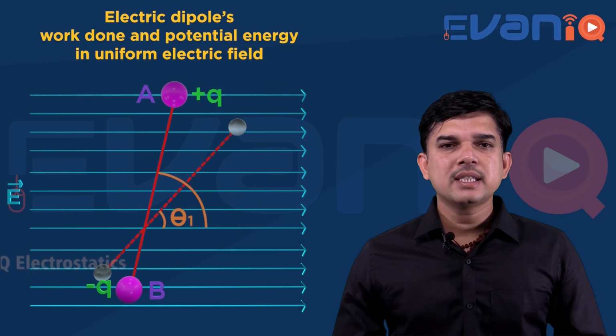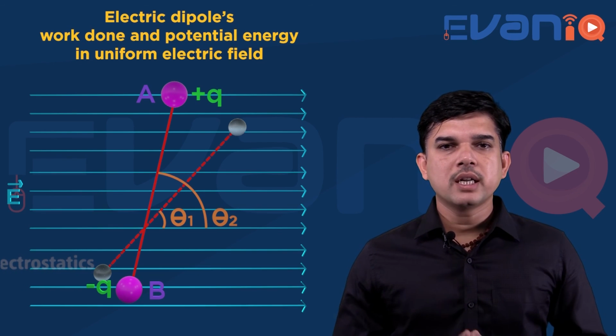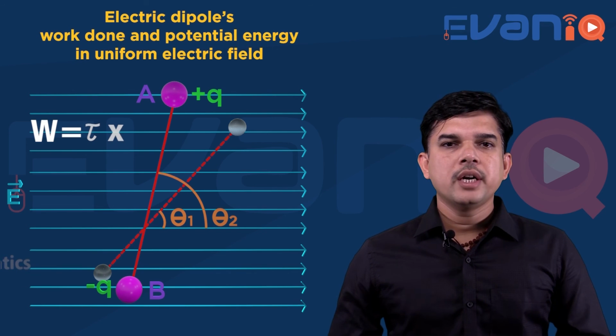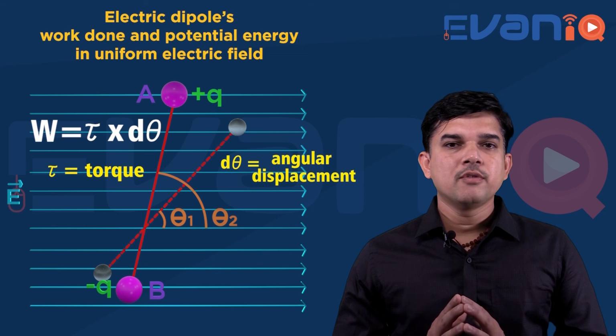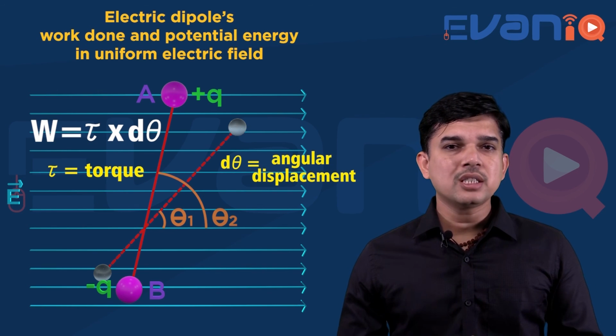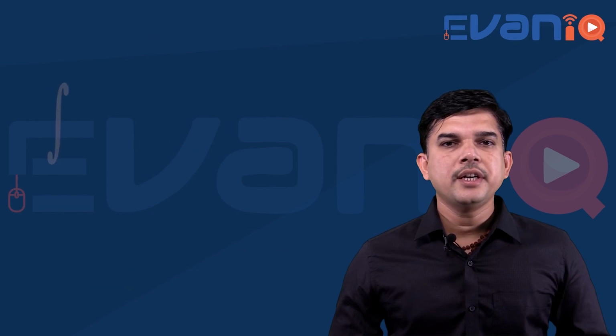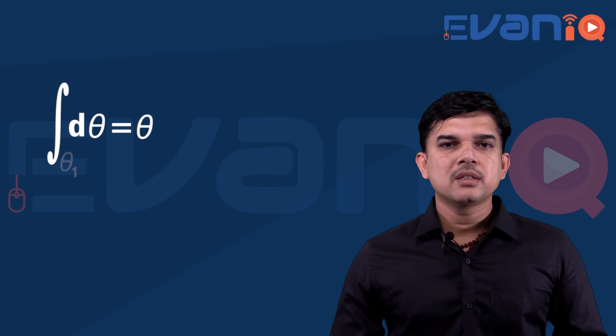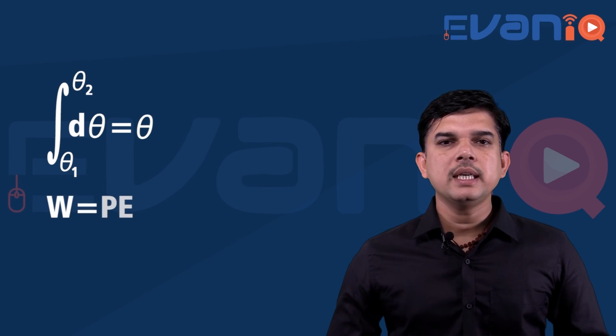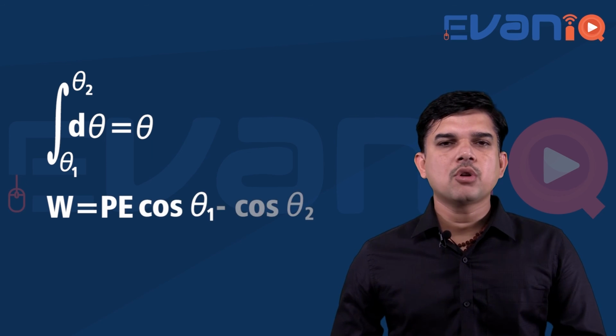That's why in this case, the electric work done for the electric dipole, W will be tau into d theta, where tau is torque and d theta is angular displacement, which describes the rotation of the dipole. Integration of d theta will be theta, and when we put the limits theta 1 to theta 2, it becomes W equal to PE (cos theta 1 minus cos theta 2).